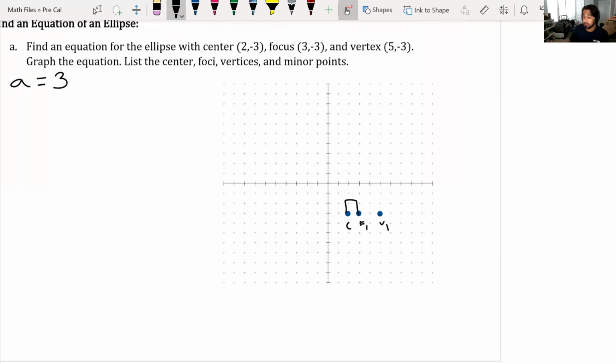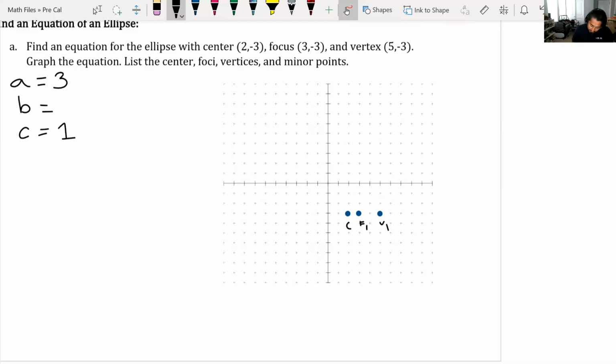From center to focus, that's given by C. And that distance is just 1. So we don't know B, but we do know C is 1. All right. So we're going to find B, and then we'll plot the rest of the points, because it's pretty obvious to see where the other focus and the other vertex are. You just flip them over at the center, right?